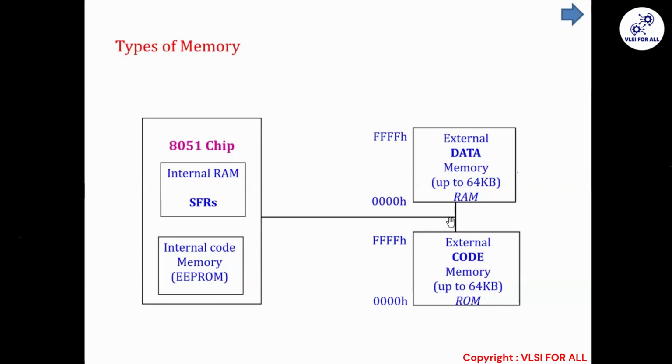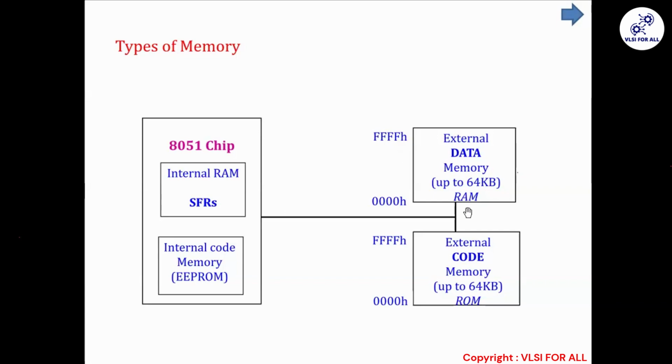And then externally, how much data memory can you connect? From 0000 to FFFF. If you remember, 2 ports are there for the address, A0 to A7 and A8 to A15, 16 bits of address. FFFF means how many bits? 16 bit.